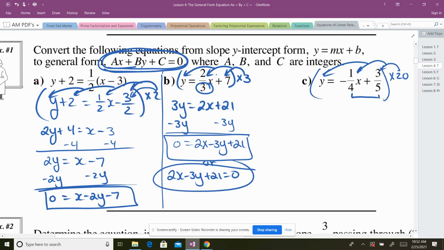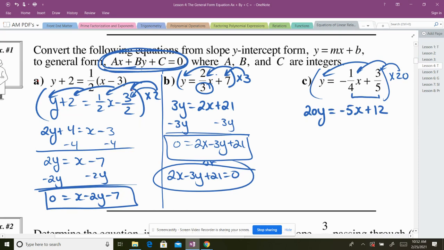It's not that bad, because watch. 20 times y is 20y. 20 times 1, divide by 4, is 5, right? So I get negative 5x plus 20 times 3, 60, divided by 5. And all the fractions go away.